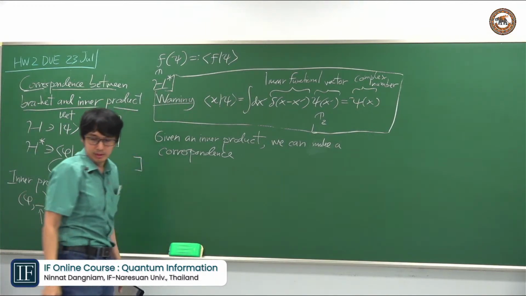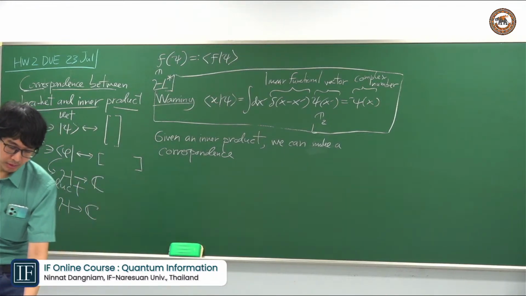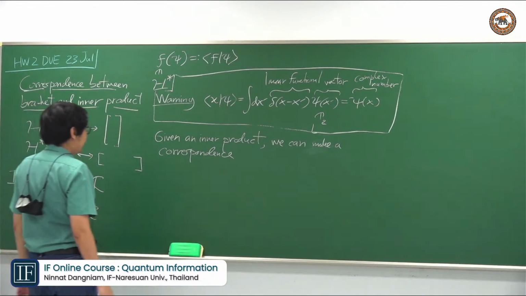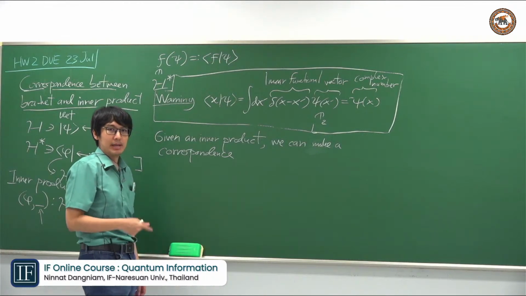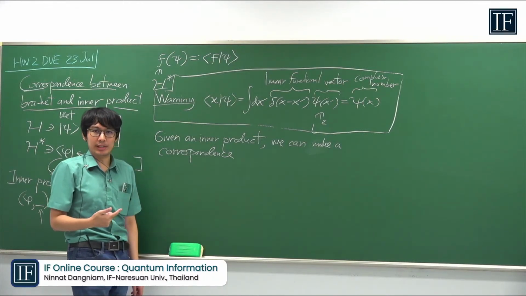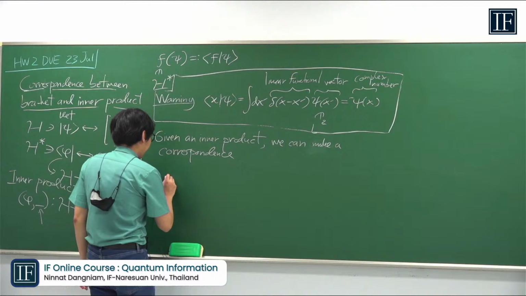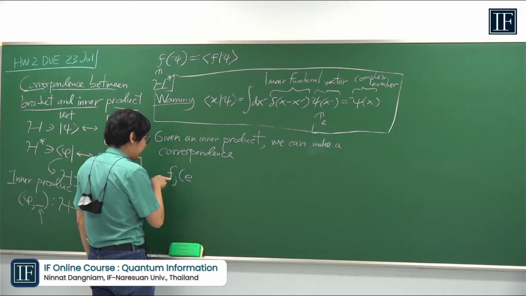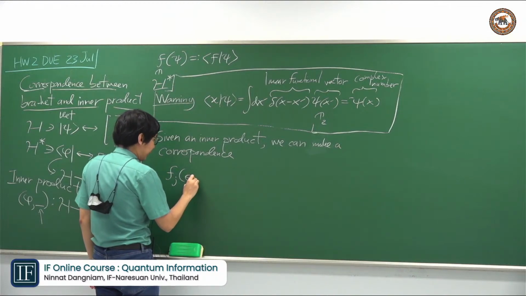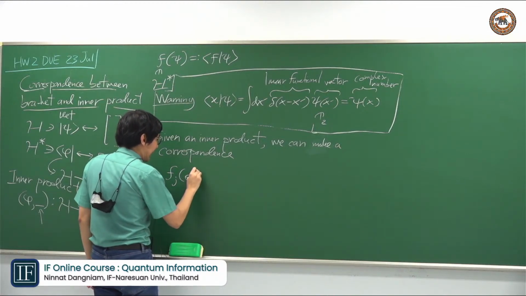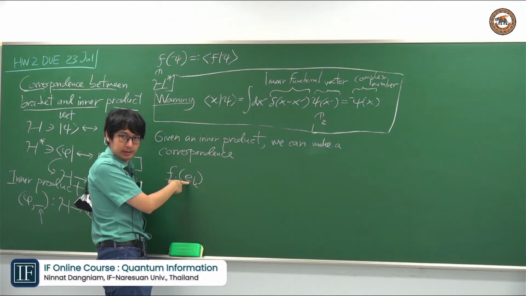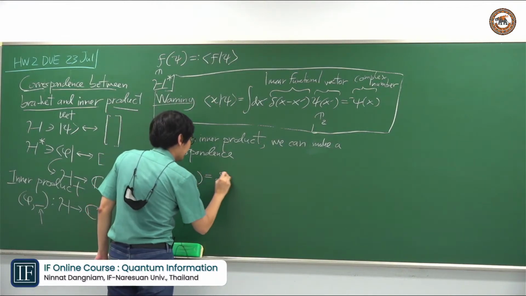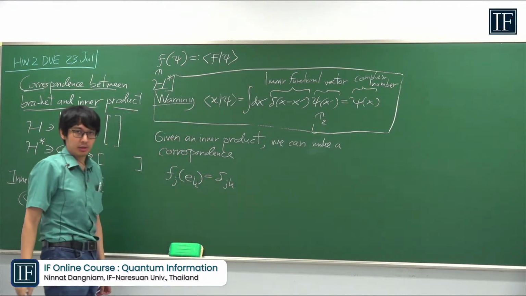in the following way. Recall that last time we talked about the dual basis, the basis of linear functionals in H star, right? And there we define it to be like this. The basis Fj, when it acts on a basis vector Ek, is just a Kronecker delta.